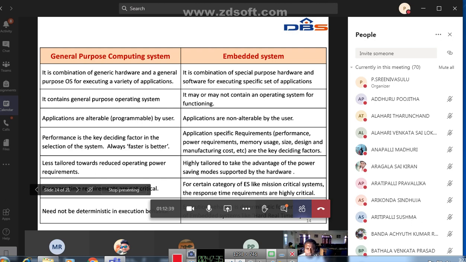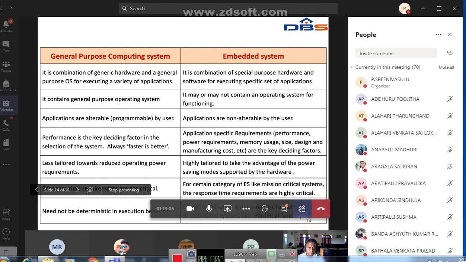Next, less tailored towards reduced operating power requirements. The meaning of this is that operating power requirements are always the same. Even if you are using a desktop computer, most of the time it takes an equal amount of power, and embedded systems are not like that.